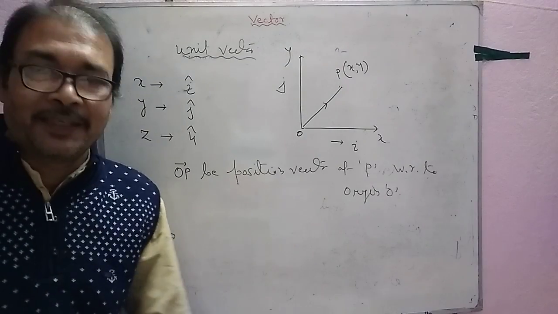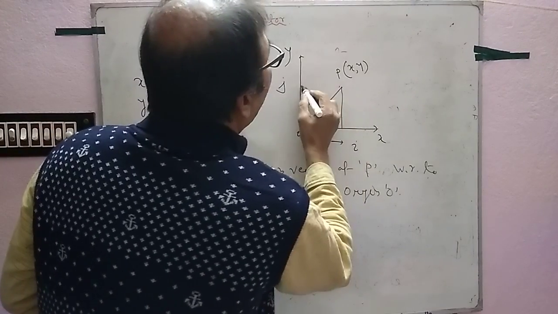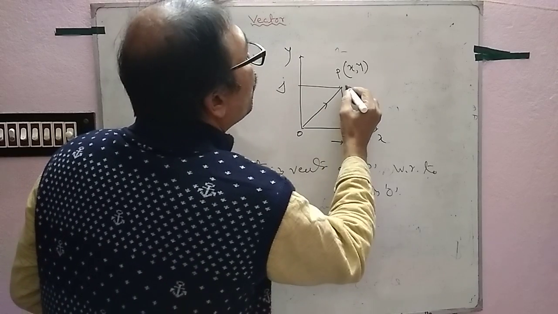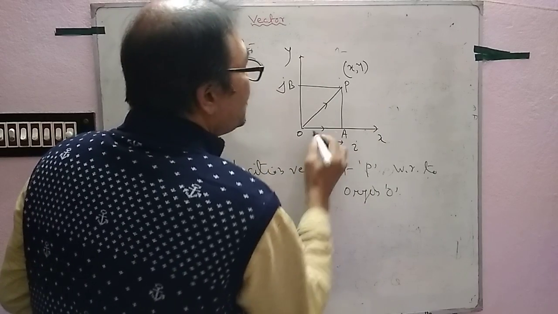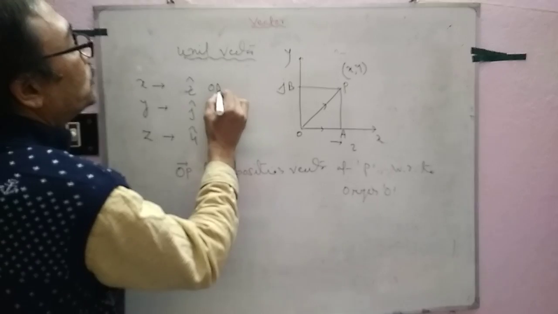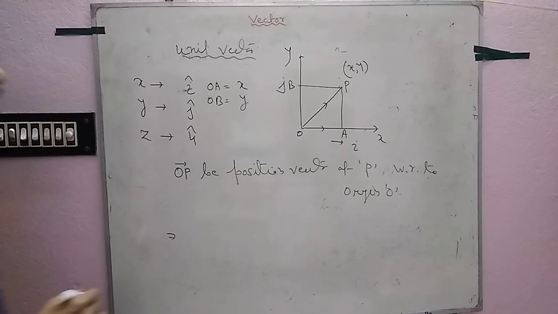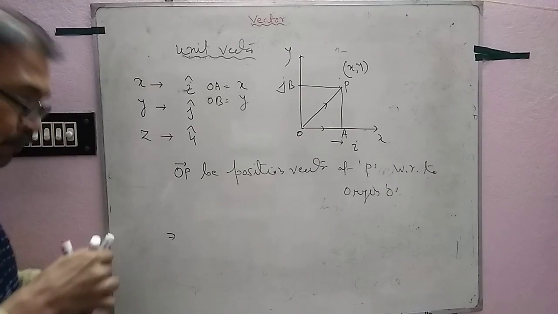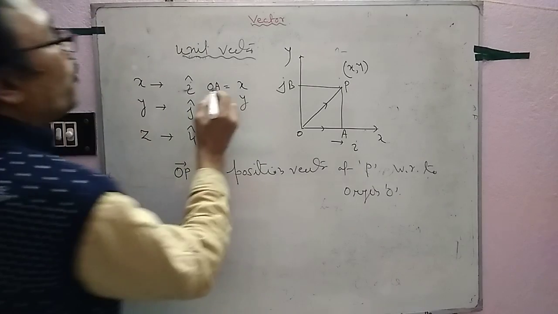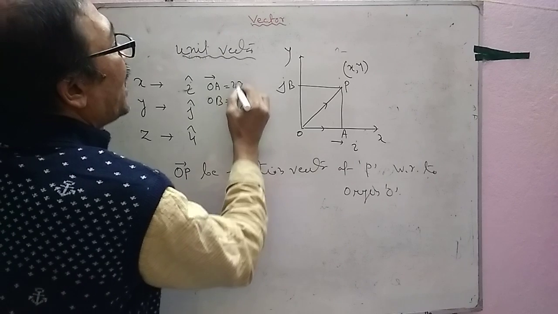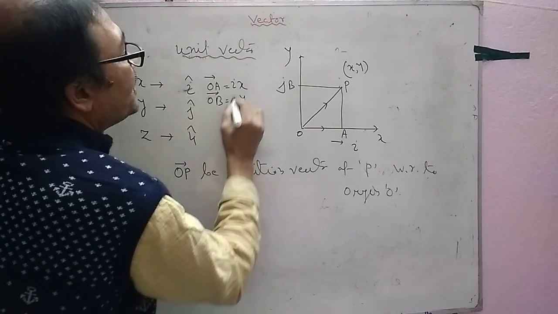What is the position vector? Now follow. Draw a perpendicular in this way and in this way. So this is OP. This is OA. This is OB. What is the value of OA? OA equal to magnitude OA times i and OB times j. If we multiply a magnitude with a unit vector, then that is the vector. When we express OA as a vector, we multiply by i, the unit vector, and OB we multiply by j.